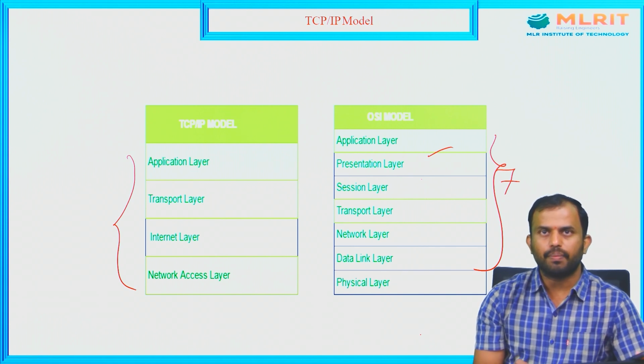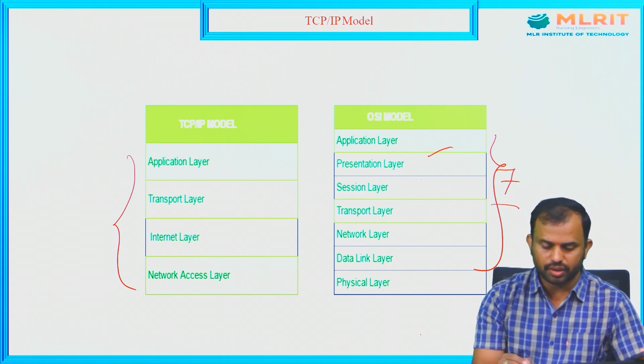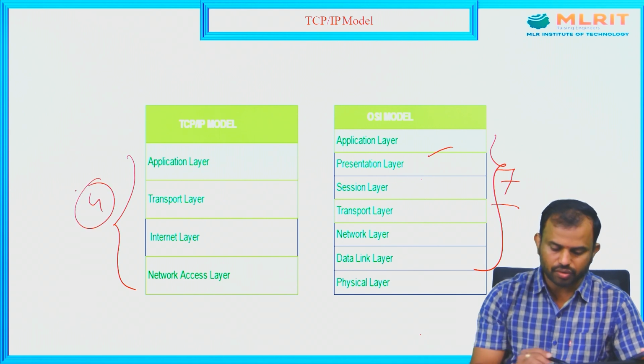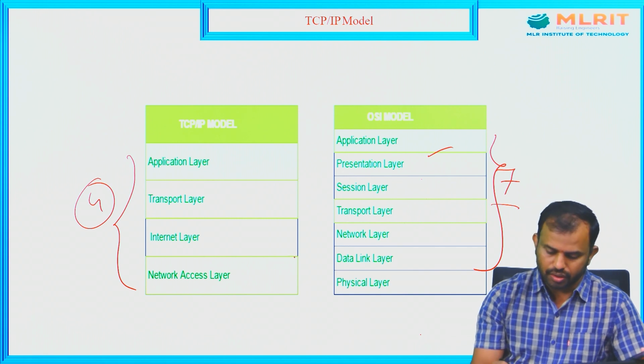While comparing the OSI model and the TCP/IP model, the first comparison is that the OSI model has 7 layers, but TCP/IP has 4 layers. The first is the network access layer.